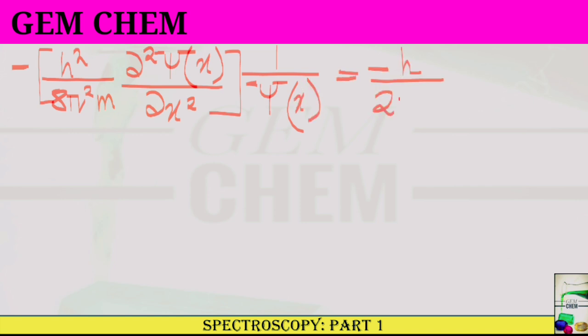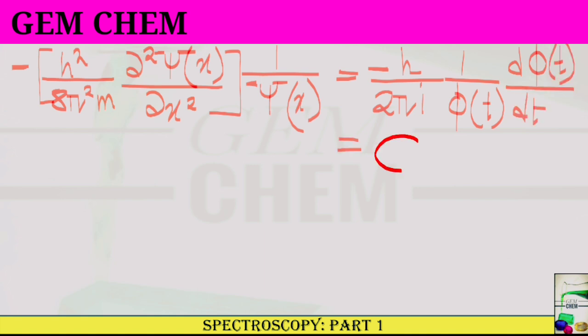So if we remove the potential energy part, the equation comes to be like this: minus h square by 8 pi square m, del square Xi(x) by del x square, times 1 by Xi(x), equals minus h by 2 pi i, 1 by phi(t) d phi(t) by dt, and this is considered to be epsilon.